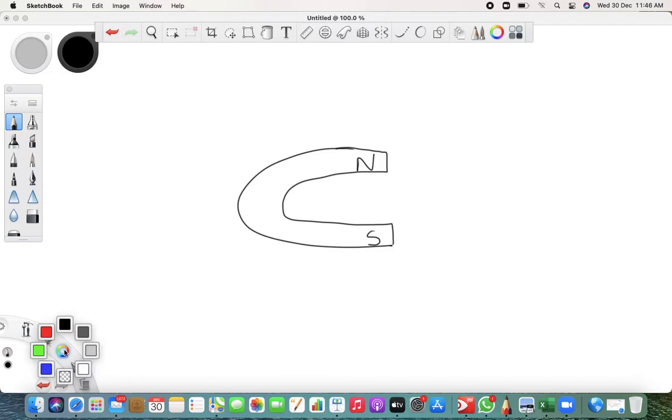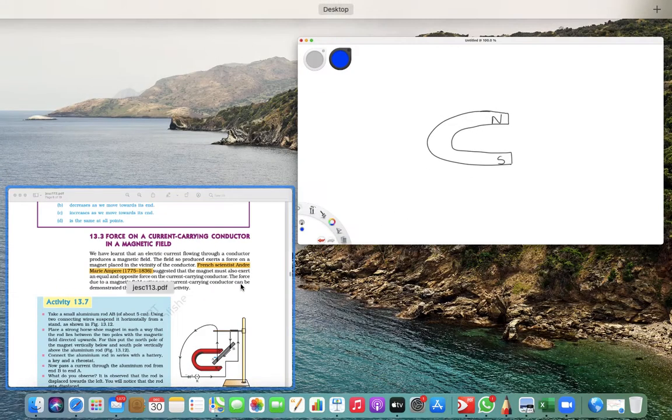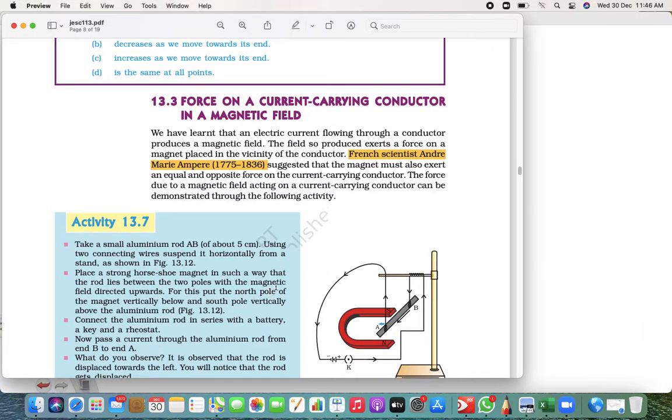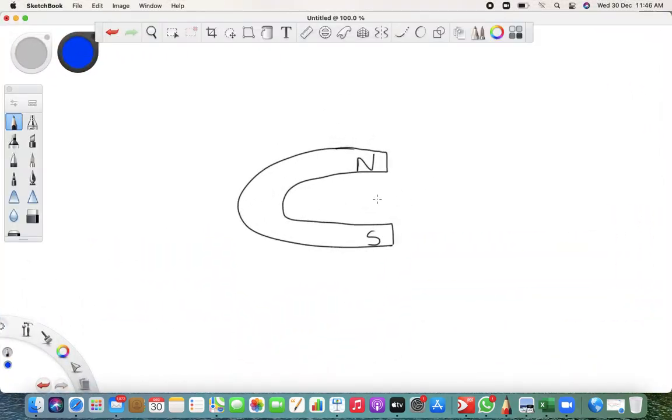Now see, this is your horseshoe magnet. This is your north pole, this is your south pole. We are putting a current carrying wire inside the magnetic field, as you see in this book. So basically this is your current carrying wire.